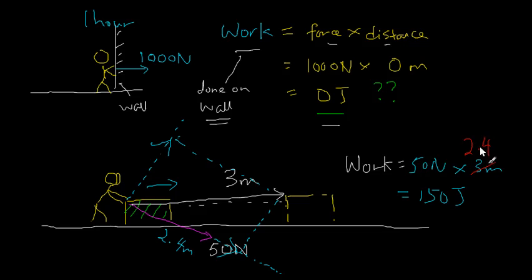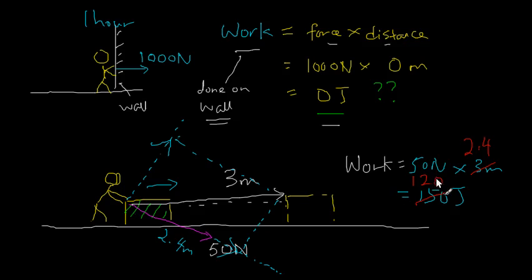If you multiply 2.4 meters by 50 newtons, we'll get the answer as 120 joules, the same answer as previously when I did this by resolving the force into a component along the displacement and a component perpendicular to it.